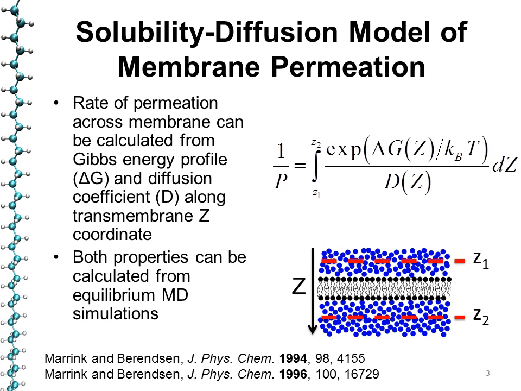Using computational chemistry, we can calculate these Gibbs energy and diffusion coefficient profiles of these solutes at every point along this axis, and this provides us with a strategy to calculate these permeability coefficients.